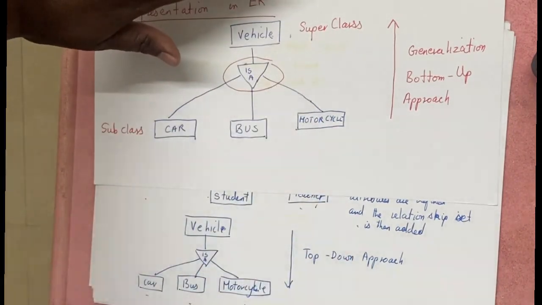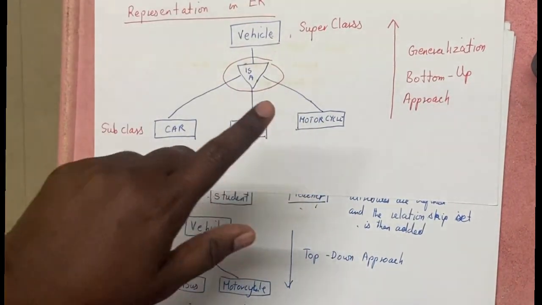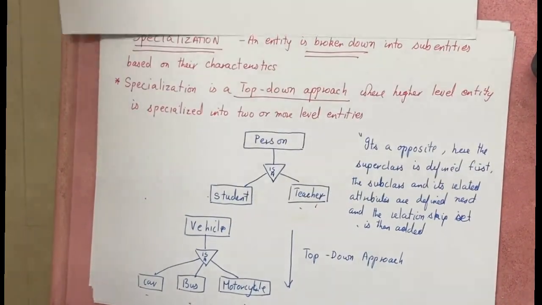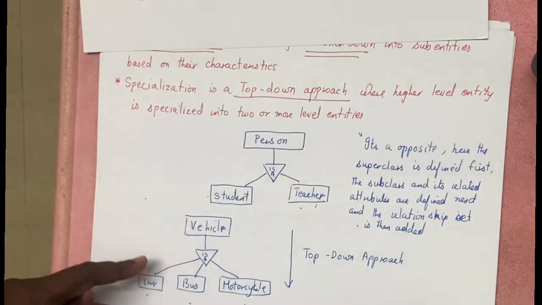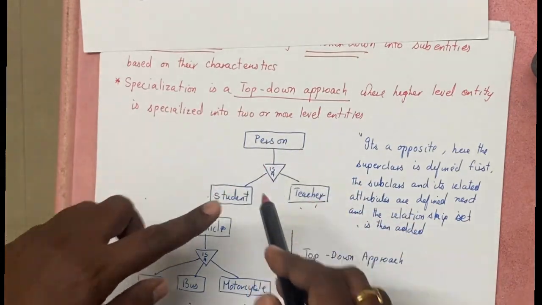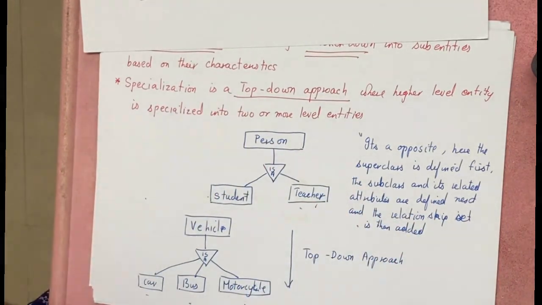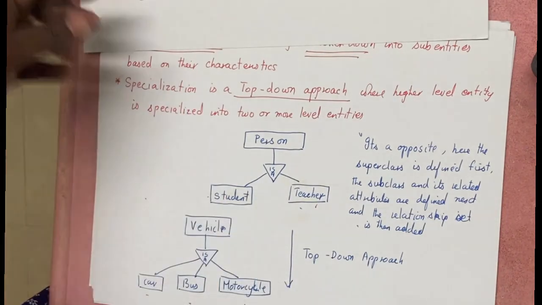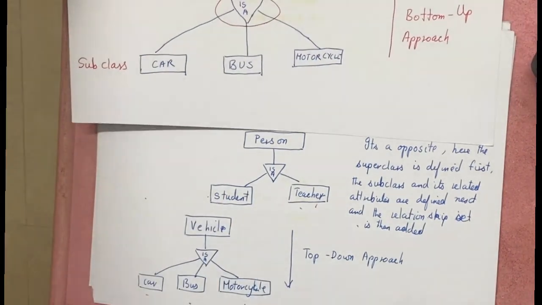I am doing it bottom-up: I first draw this, and from this I infer and make the vehicle. On the other hand, in specialization, I see that a person can be broken into student and teacher. So when I'm drawing it, the inference changes. But diagrammatically, both of them are the same.